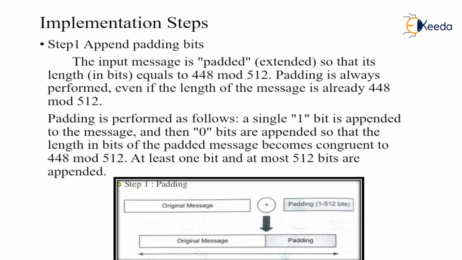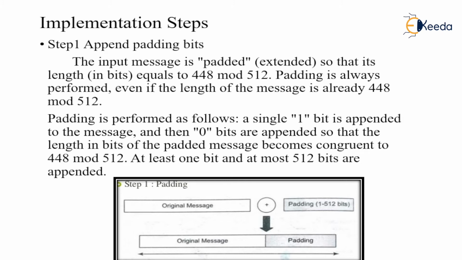The first implementation step in the message digest algorithm is append the padding bits. As I just told you, these appended bits are useful for making the input message a multiple of 512 bits.